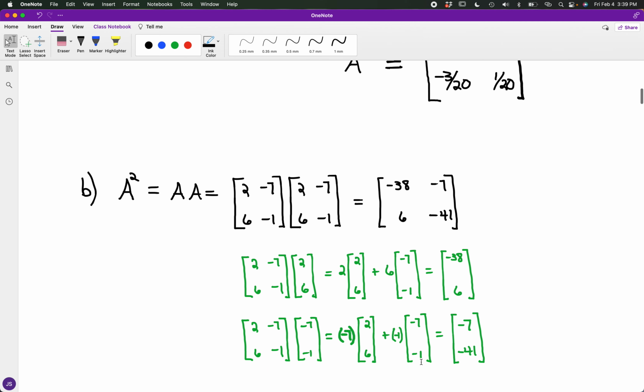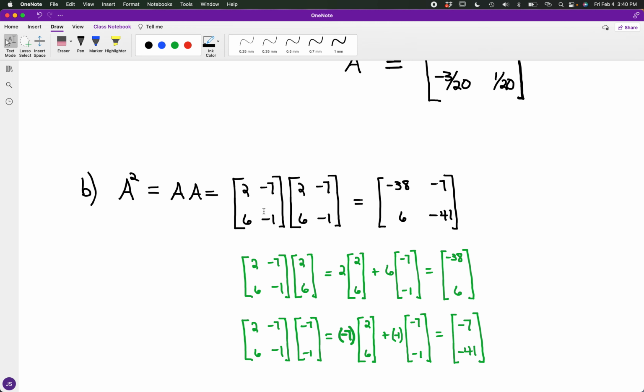Now for the next portion, we're looking at the square of matrix A. We have A times itself, so a couple of identical 2 by 2 matrices. If I take A and multiply by its first column, you have 2 times 2, 6, plus 6 times negative 7, negative 1, so we have negative 38 and 6.